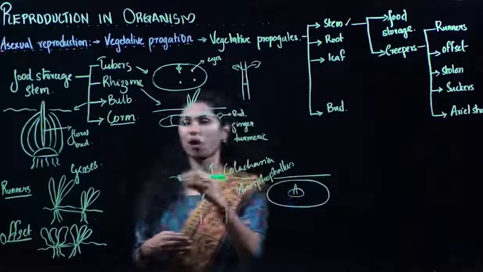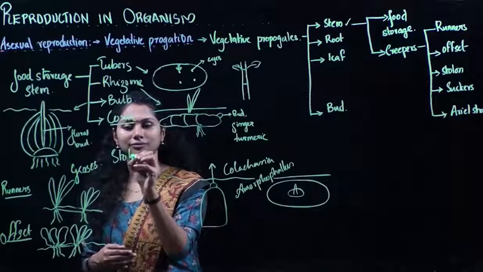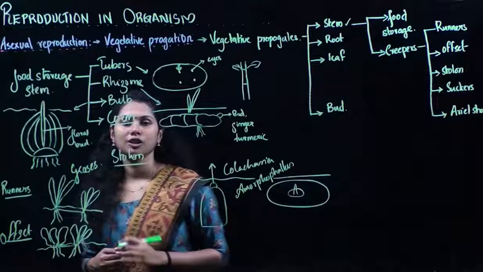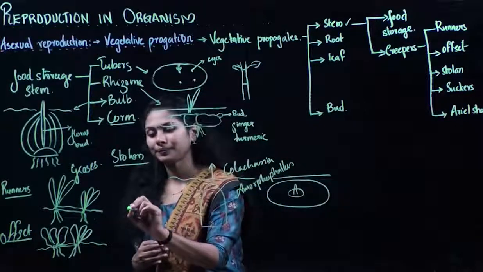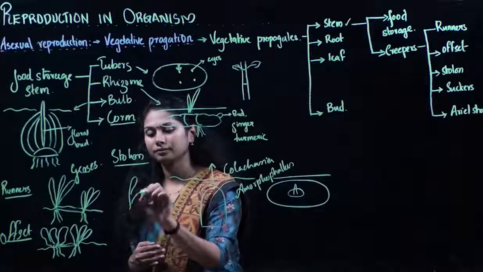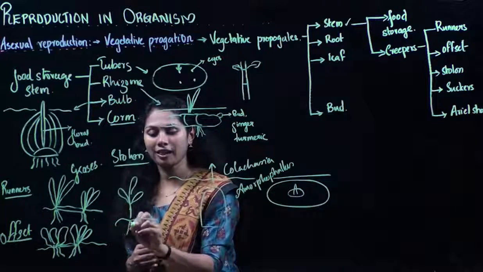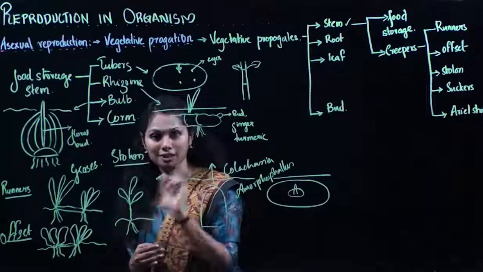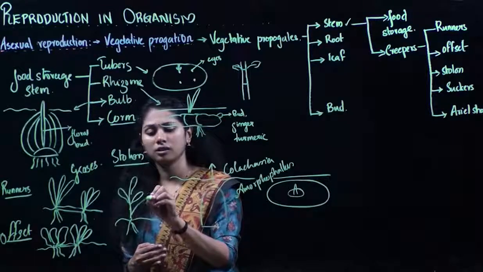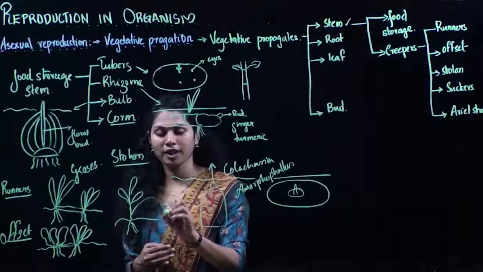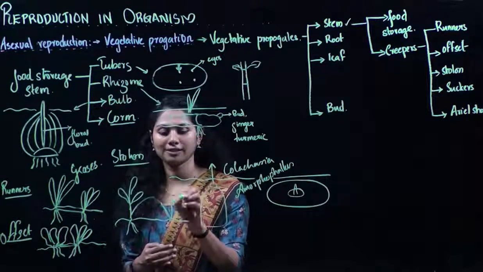Now let's check what stolon is. Stolons basically have an aerial stem, from which a lateral branch will rise and grow obliquely above the ground, and wherever it touches the ground again, a new plant will rise.